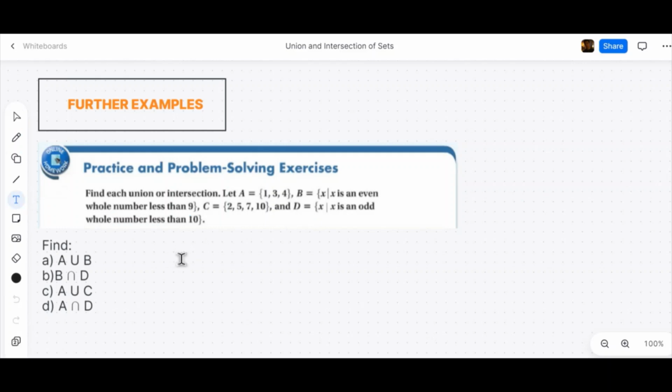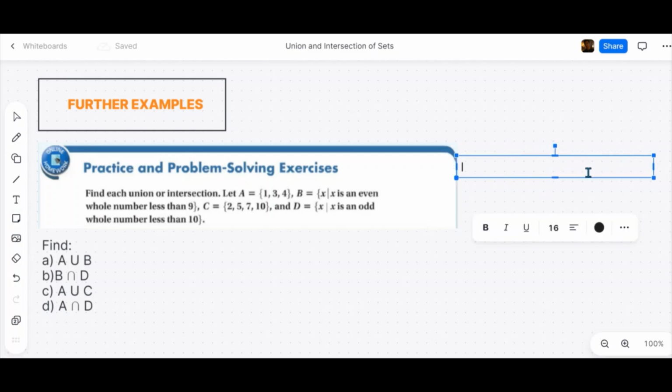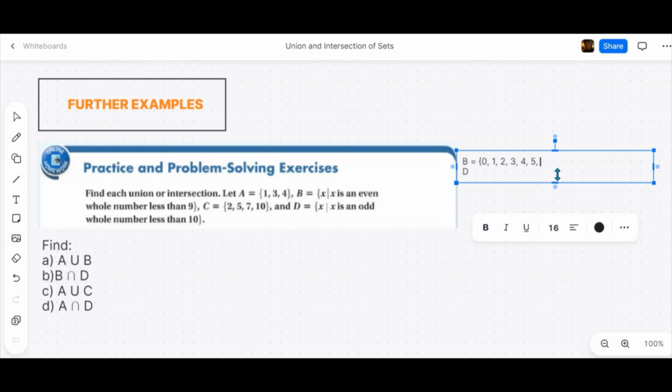First thing to do here is we have to figure out what are the elements of set B and also the set D. Set B, it has to be even whole numbers less than 9. And that starts with 0. We have 1, 2, 3, 4, 5, 6, 7, and 8, since it says it has to be less than 9.